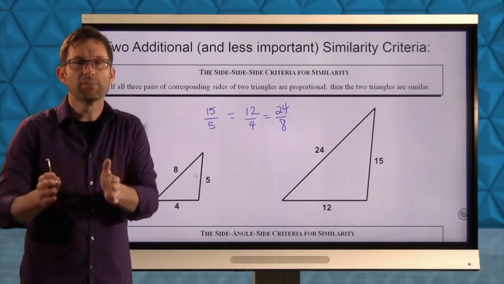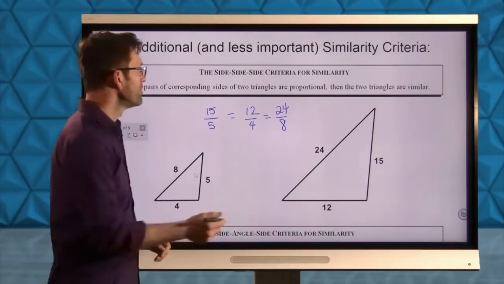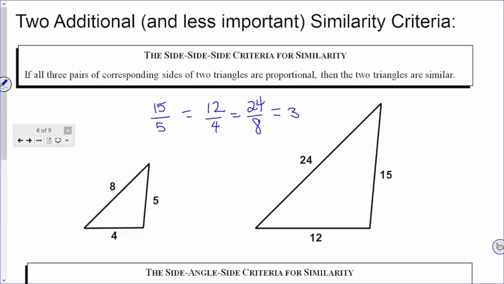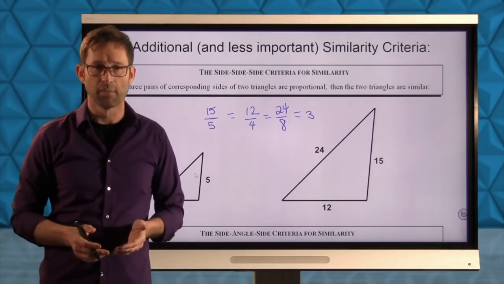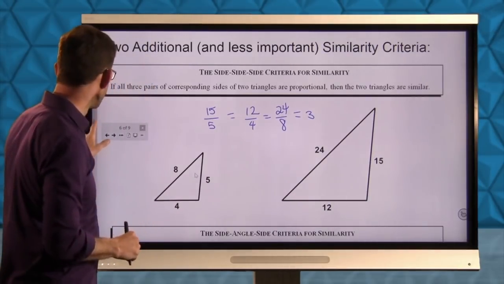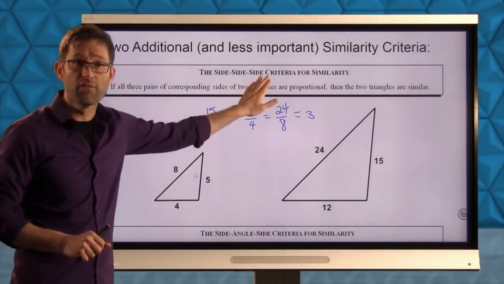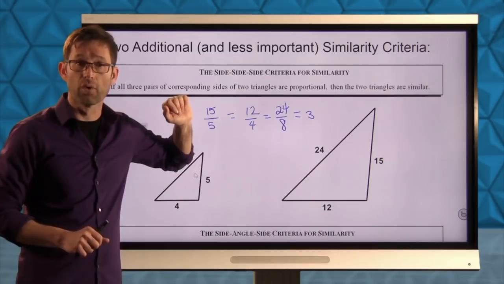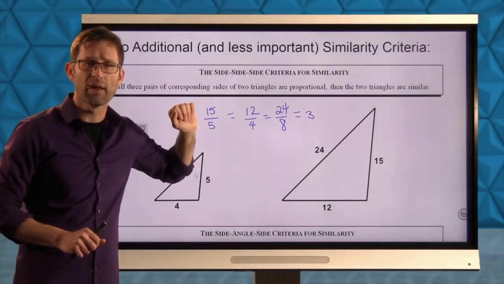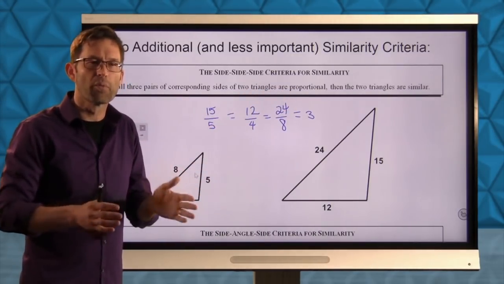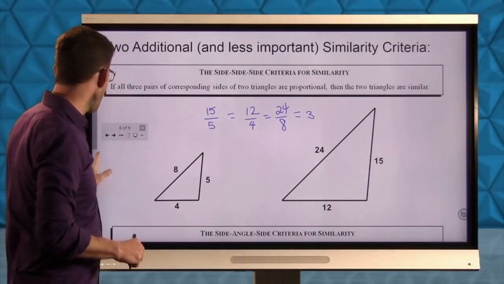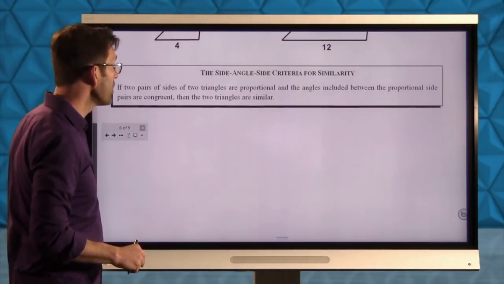If that keeps being the same number all the way along, then the 2 triangles must be similar. The other one, and don't get me wrong, right? Couldn't that be confused with side, side, side for congruence? Now we have side, side, side for similarity, but the sides aren't equal, they're proportional. And then we have side, angle, side.